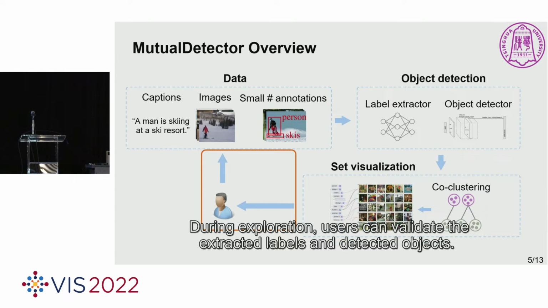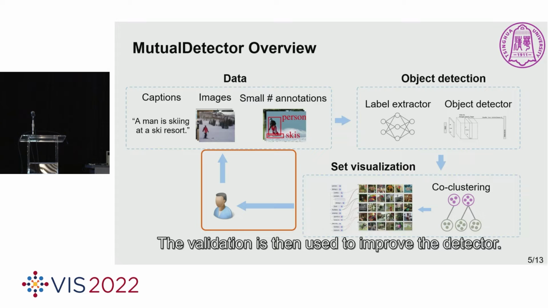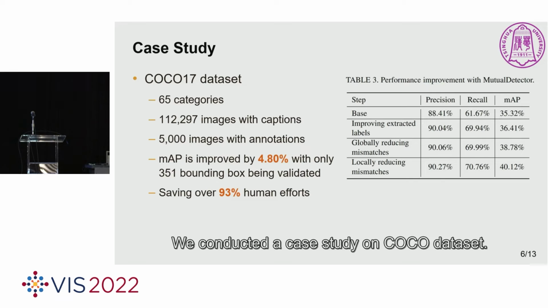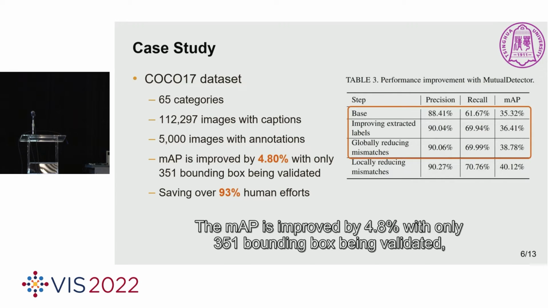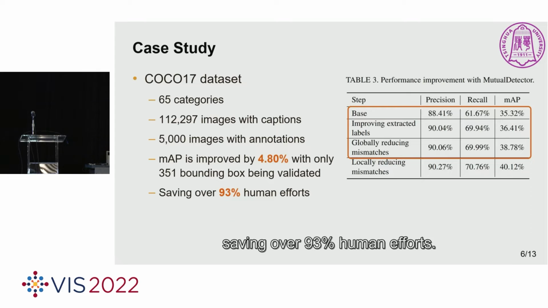During exploration, users can validate the extracted labels and detected objects. The validation is then used to improve the detector. We conducted a case study on the COCO dataset. The mAP is improved by 4.8% with only 351 bounding boxes being validated, saving over 93% of human effort.